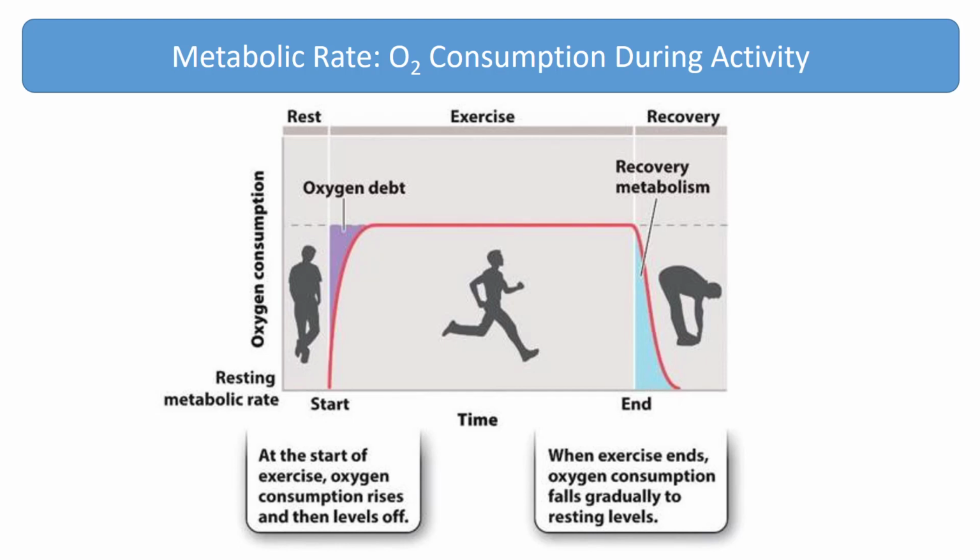Once mitochondrial ATP production increases, the steady-state production of ATP depends on the adequate transport of oxygen to the tissue by the cardiovascular system, as well as by diffusion of oxygen into mitochondria. When activities end, the animal's oxygen consumption rate declines but does not immediately return to resting levels.